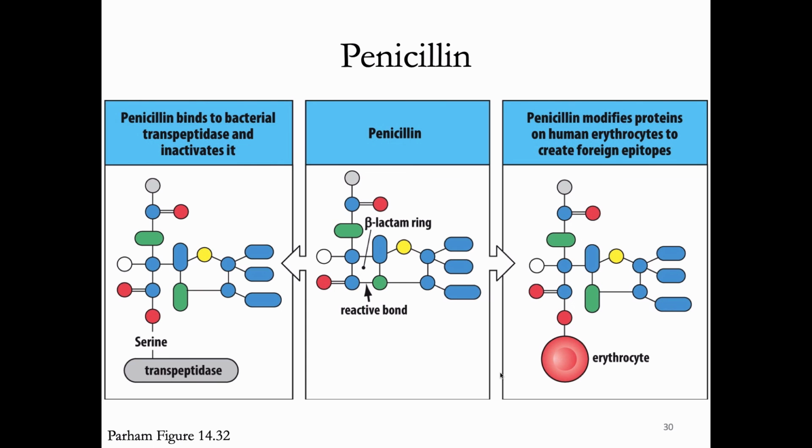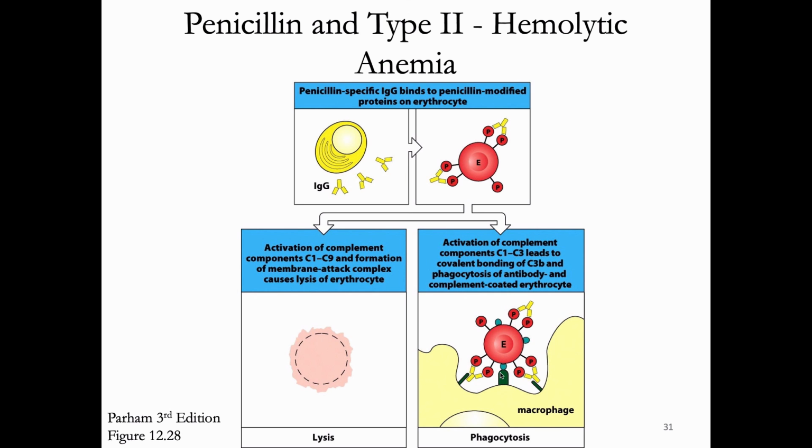So you have this modification on a protein on the red blood cell, and that modification is basically a foreign antigen. And so if this is actually what we see happen, then we will have the red blood cells that are modified to have penicillin on their surface. So now we have a cell surface antigen that can be bound by our antibodies.